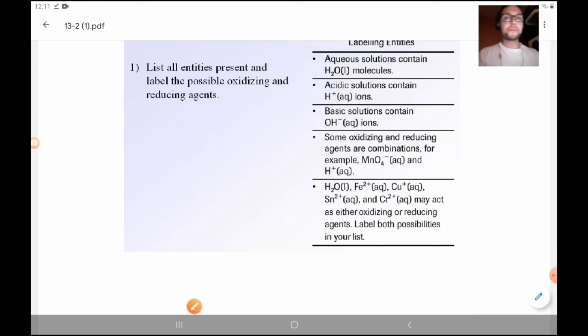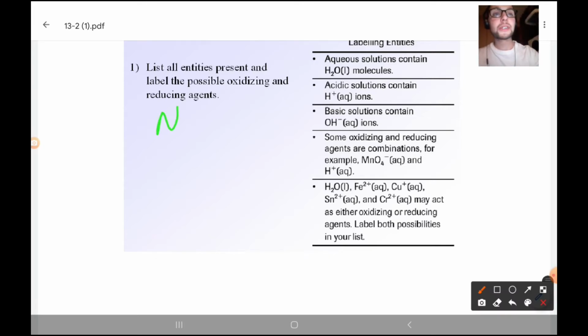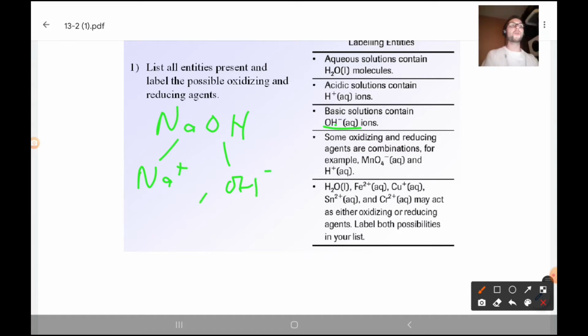As well, if it's a basic solution like sodium hydroxide, for example, and this pertains to this rule over here, well, that splits up into Na+ and OH-, and we look at each one separately as an OA or as an RA. As well, what we saw is that in the data booklet, some oxidizing or reducing agents occur in combinations, which means that they require more than one thing.